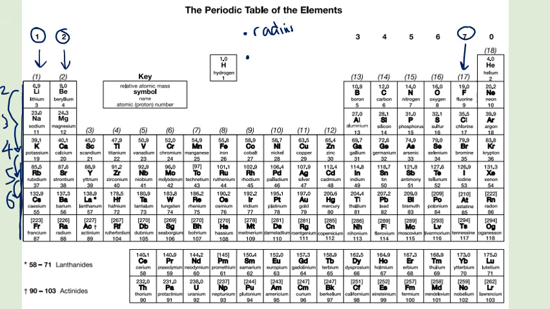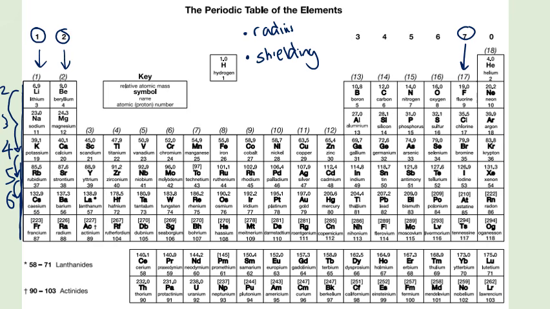Also, as you go down the group, you have more electron shielding. So as you go down the group, the radius increases, the shielding increases. This means that the outer electron is going to be more easily lost because there's less attraction with the nucleus and the electron because it's further away, because the charge is shielded.